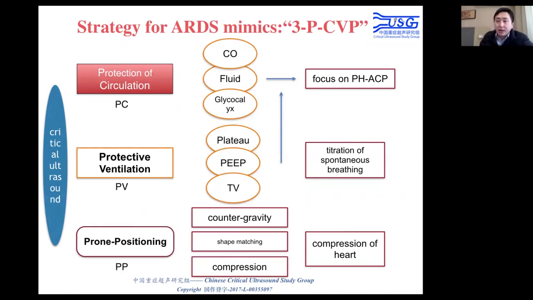We summarize it as 3P: protection of the circulation, protective ventilation, and prone positioning. The factors are listed in this slide, and we should pay more attention and do it better.